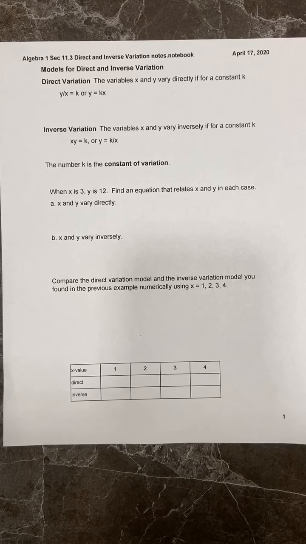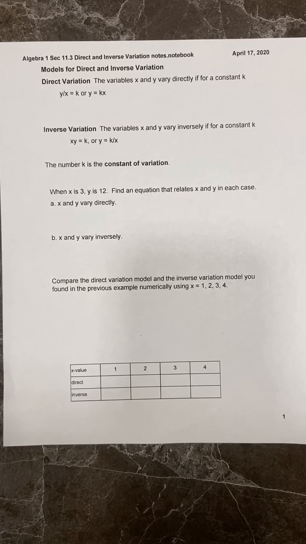All right. Inverse variation says the variables x and y vary inversely if, for a constant k, x times y equals k, or we get the equation y equals the constant value k divided by x.